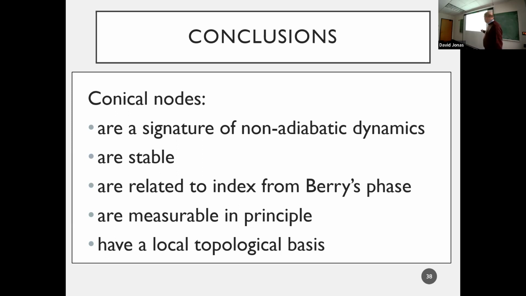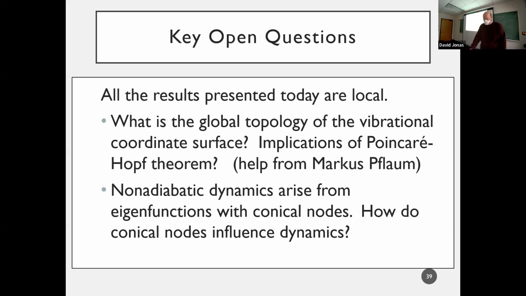They're measurable in principle, and they have a kind of local topological basis where you can show that they will be stable, that the sum of the indices that's enclosed is going to give you the index around the curve.